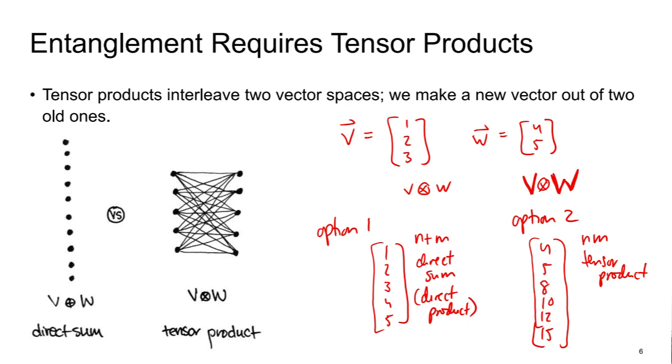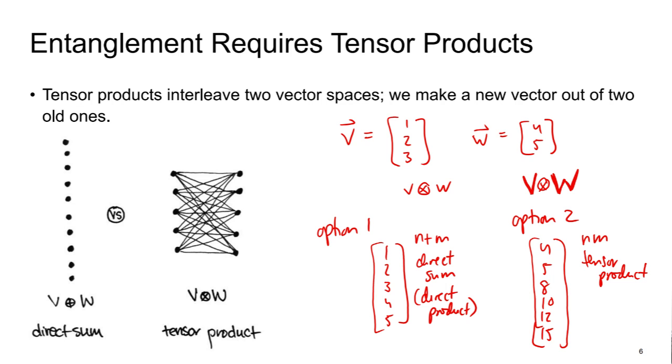Okay, so we have these two vectors, V and W, that I just drew. And let's try to make a third vector out of V and W. But the question is, how do we do this? So we can have two ideas. Option one is I can stack them. So I can take V and W, and I can make the following vector: 1, 2, 3, 4, 5.